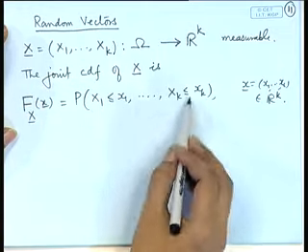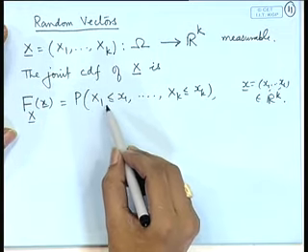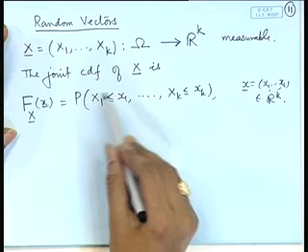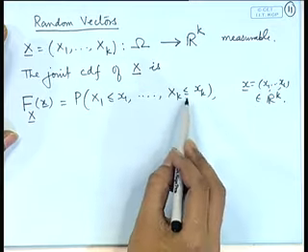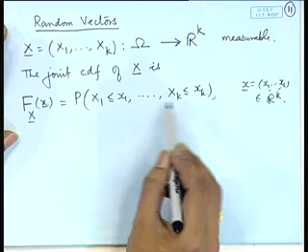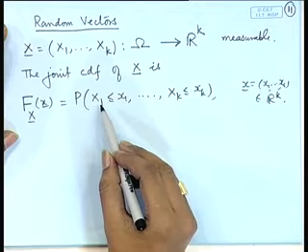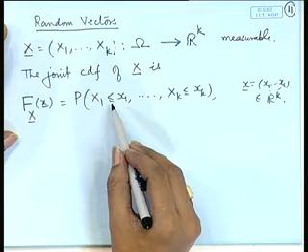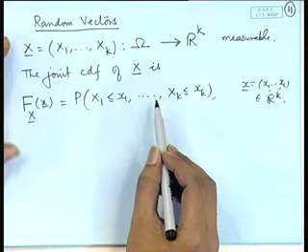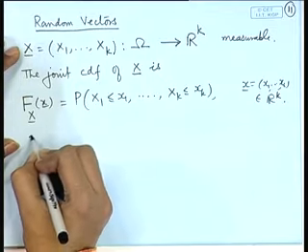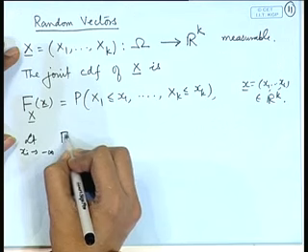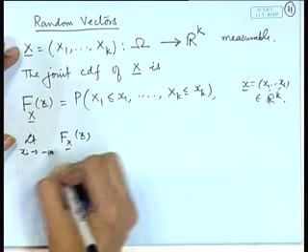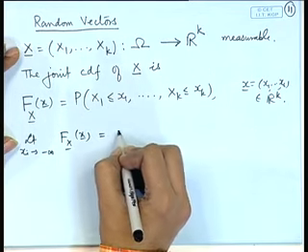Now, this function, as in the case of two variables, gives complete information about the types of random variables the xi's are, and also the probability distributions of the individual xi's and conditionals. For example, if I take the limit as xi tends to minus infinity for any i, then this will be 0.